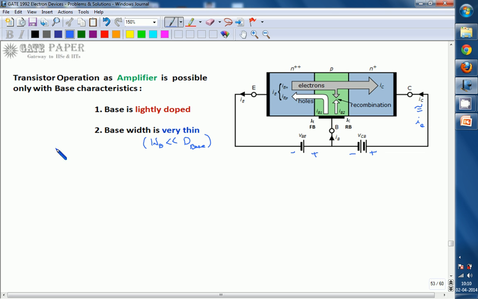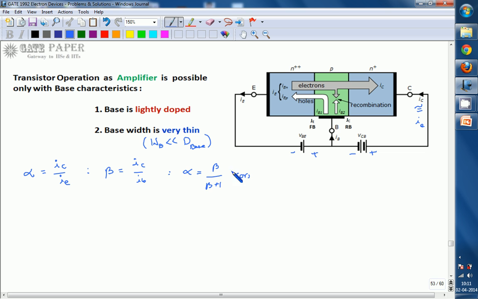So current gain is what we are first interested in. The common base current gain is indicated with alpha, which is IC by IE, and the common emitter current gain is beta, which is IC divided by IB. Alpha and beta are interrelated: alpha is equal to beta by beta plus 1.